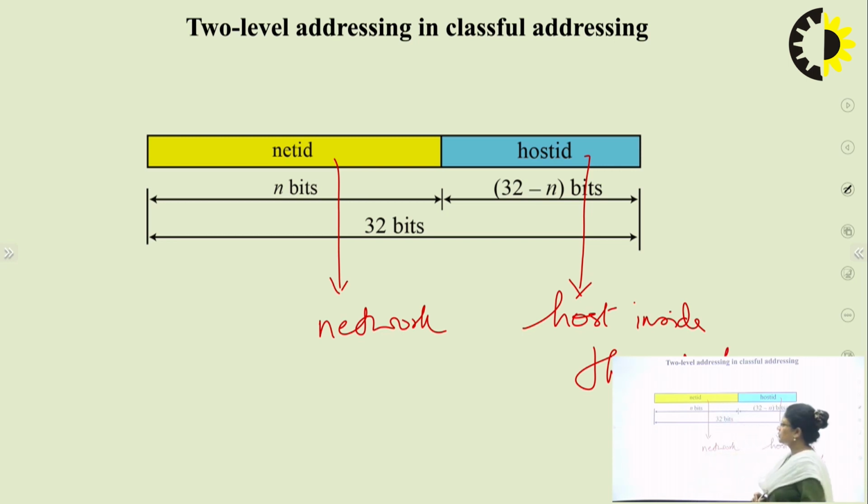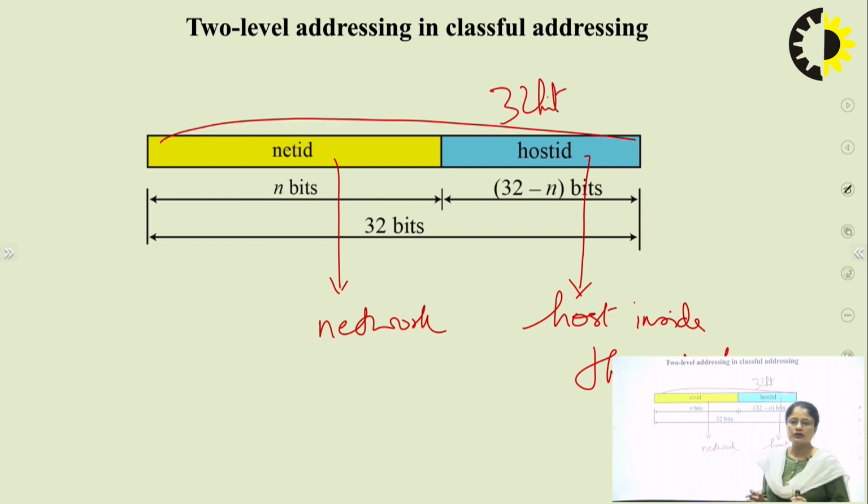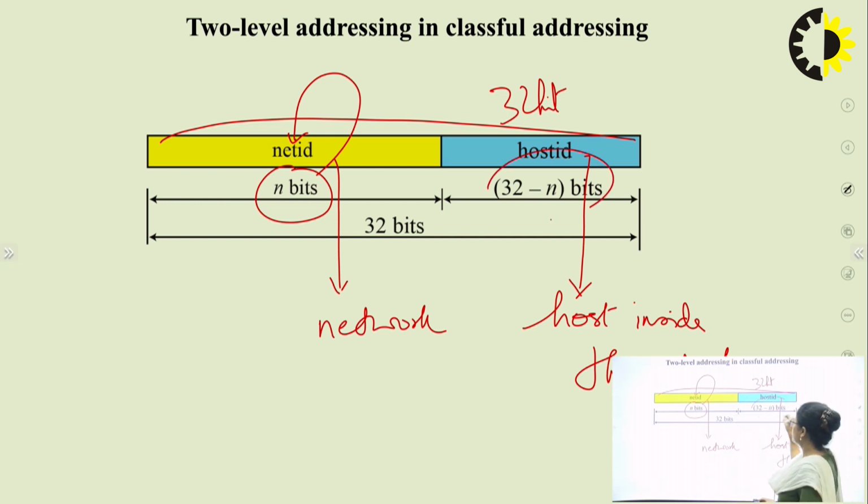As I told you, IPv4 is made up of 32 bits. So let us say we are taking n bits for representing the net ID. The remaining will obviously be 32 minus n bits for representing the host ID.